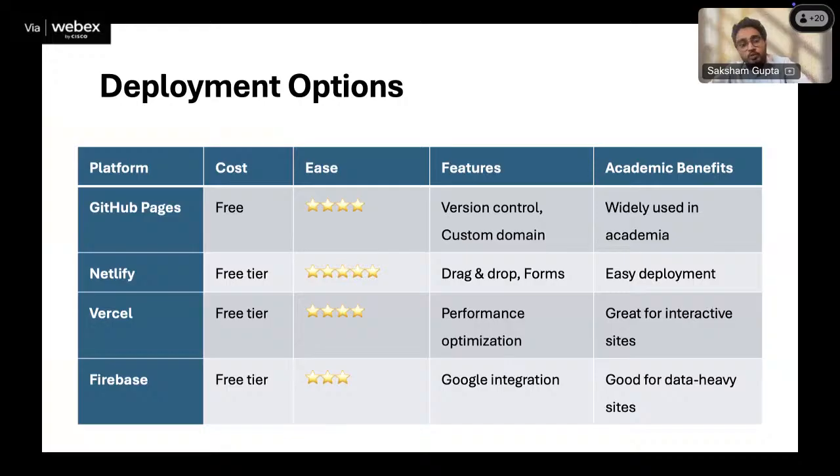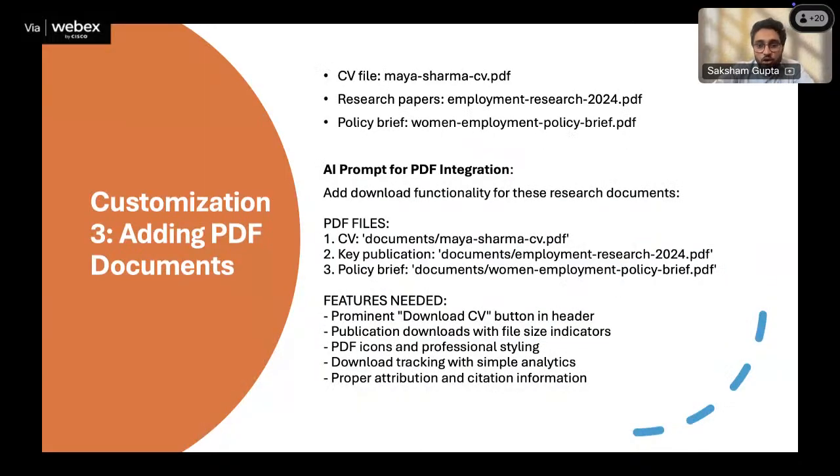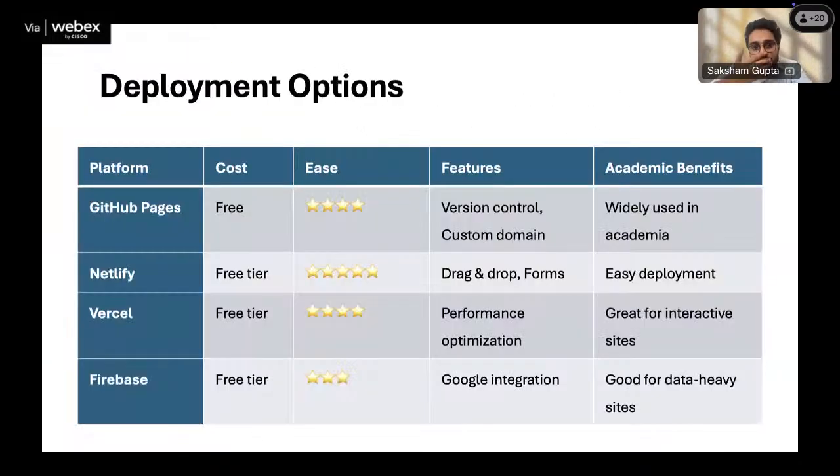So we have a certain deployment. We call it deployment in technology terms. Deployment just means that, hey, I have this file, like how you upload a file on Google Drive. We are just uploading this folder on a server so that the world can access it. As simple as that.